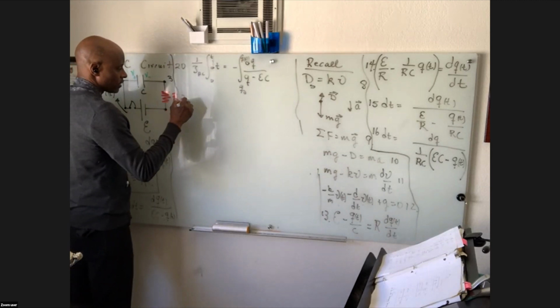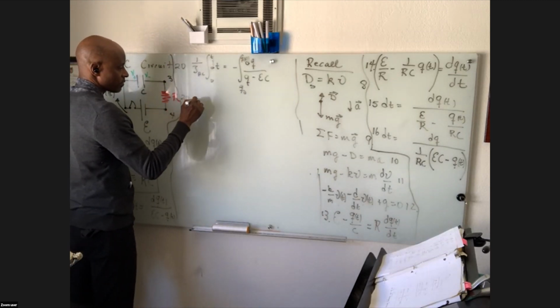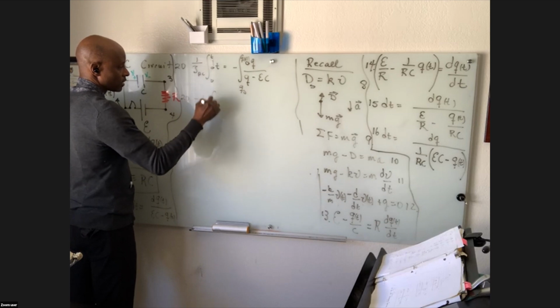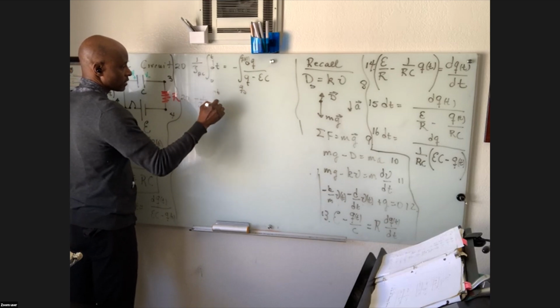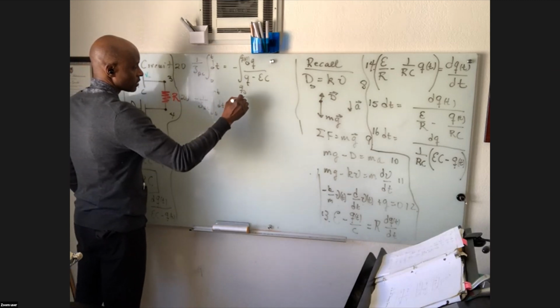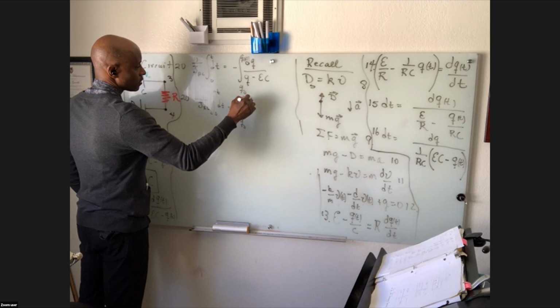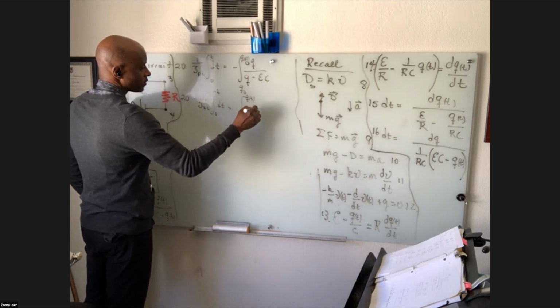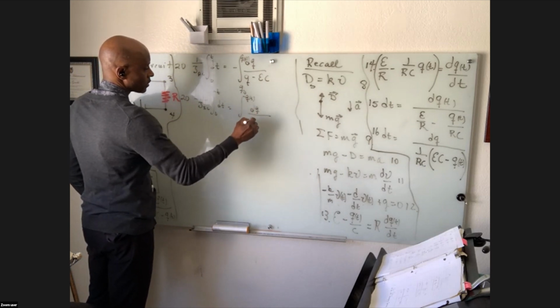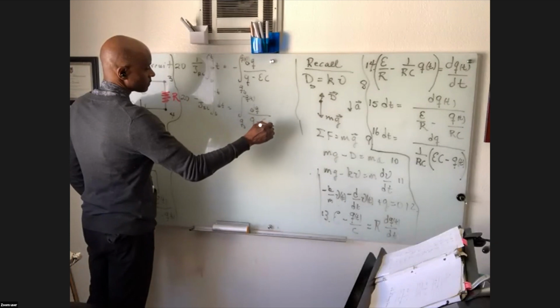So what we need to solve is this equation: minus tau RC integral 0 to t dt equals the integral from q naught to q of t of dq over q minus EC.